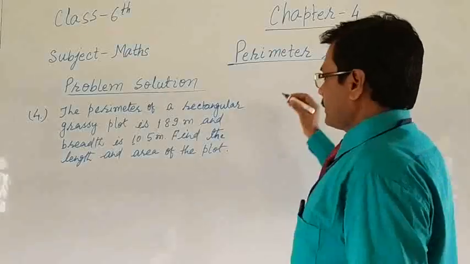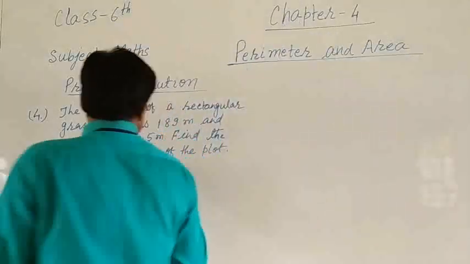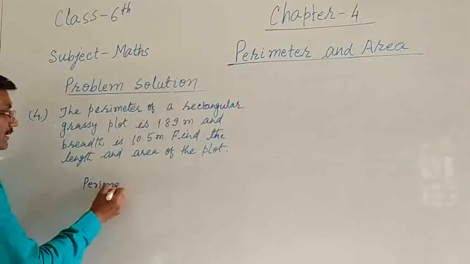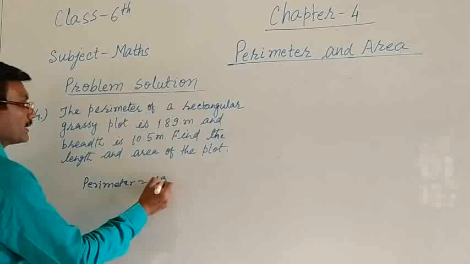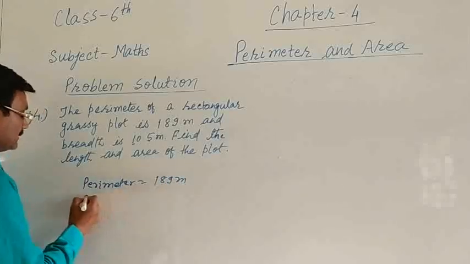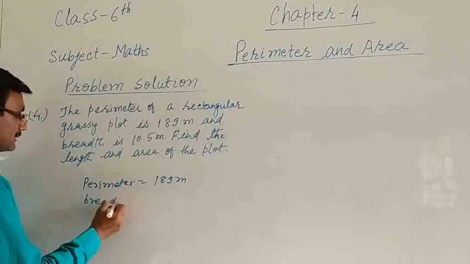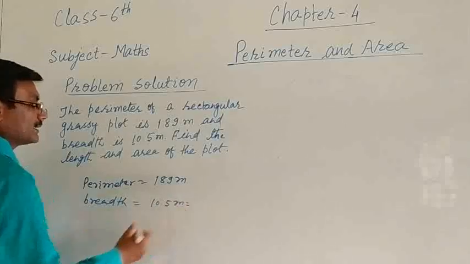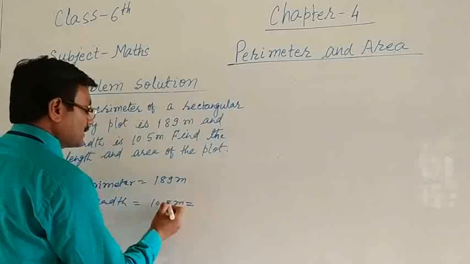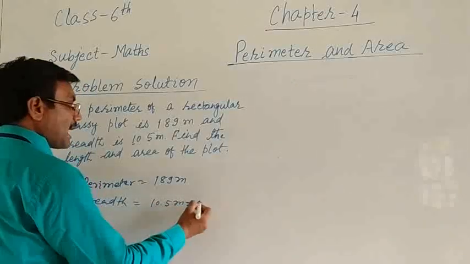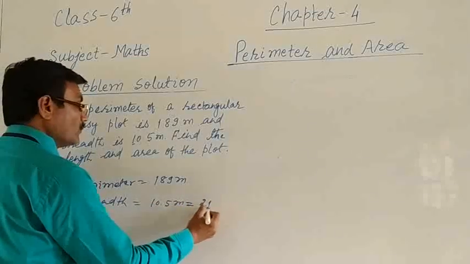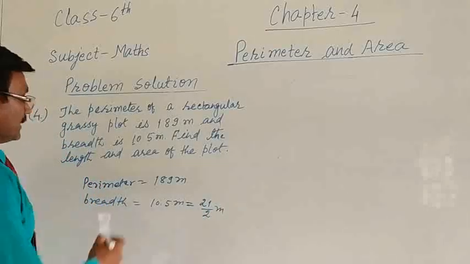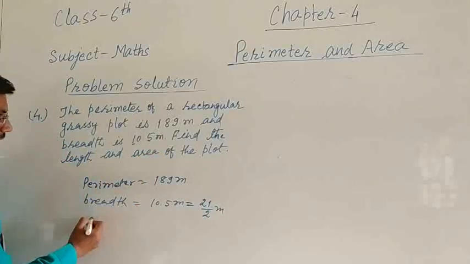So here we write perimeter is equal to 189 meter and breadth is equal to 10.5. Students, it will be easy to convert it in fraction as 21 by 2. Okay. Now length.